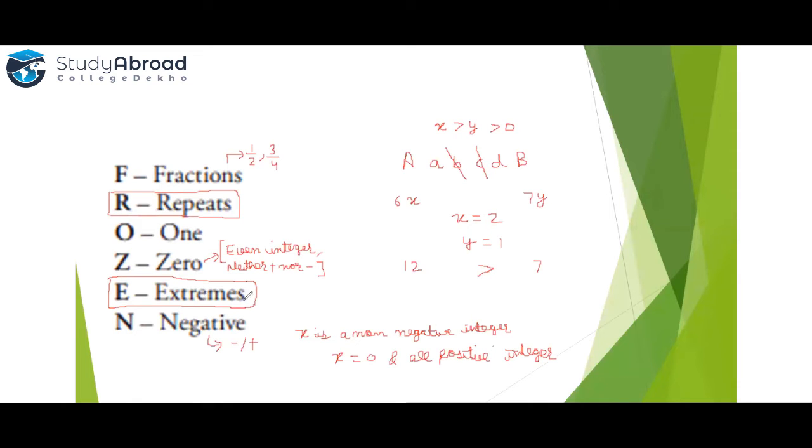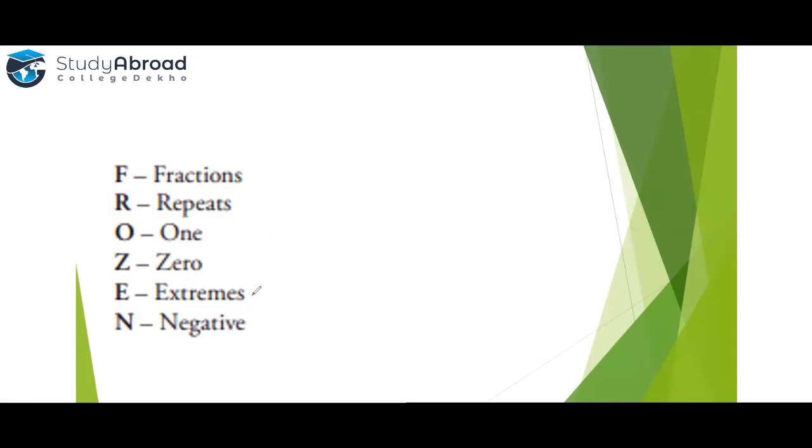Now what is extreme? Okay, now for that, let's take a condition. Now I have to explain what is extreme. So for example, they have given us a condition in the question that x is between 0 and 11, right? If x is between 0 and 11, let's take a simple number.